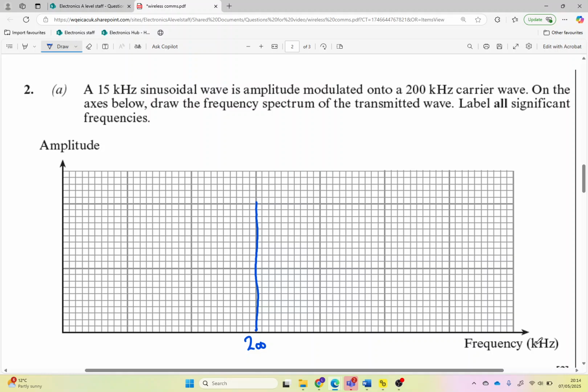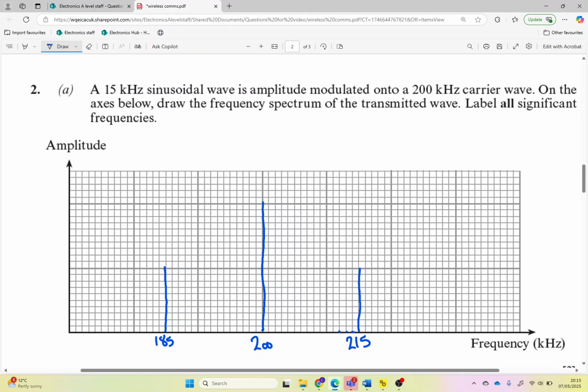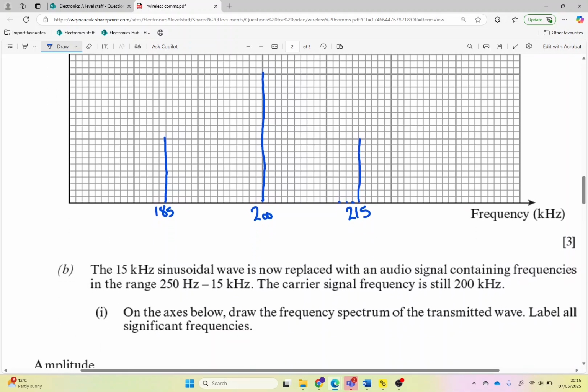If I make each of the big squares 10 kilohertz, then 1, 2, 3, 4, 5, so I'll put a line there at 215. And 1, 2, 3, 4, 5, another line there at 185 kilohertz. That's because it's a single frequency at 15 kilohertz, so we've just got the isolated spikes.